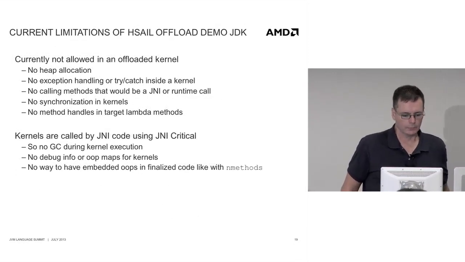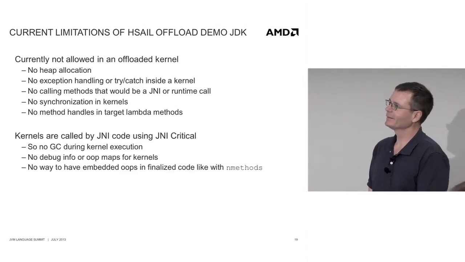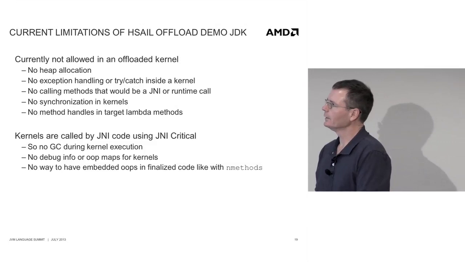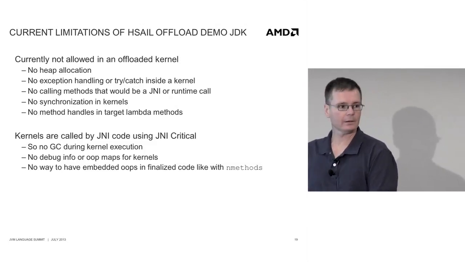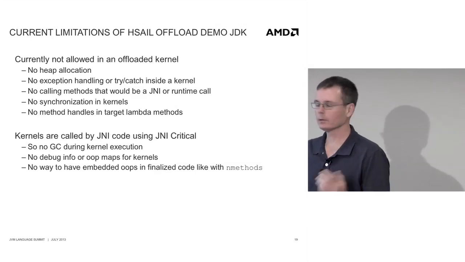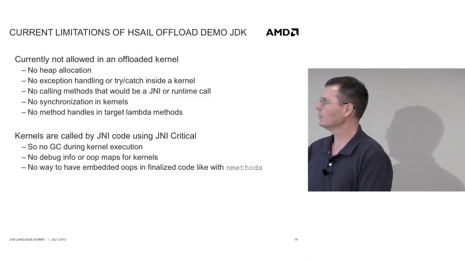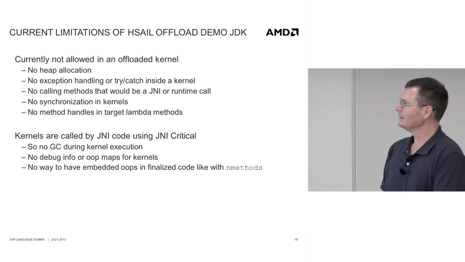Okay, so as I said, this is like a demo version. So there are a lot of limitations, but we can run straightforward code that doesn't do anything too elaborate. Right now, we don't have heap allocation working, although our coworker is working on that right now, trying to come up with something for that. We have to use very simple algorithms, and there's no exception handling yet.